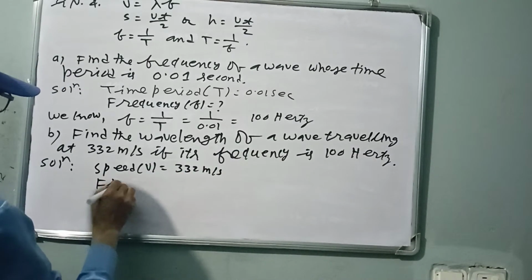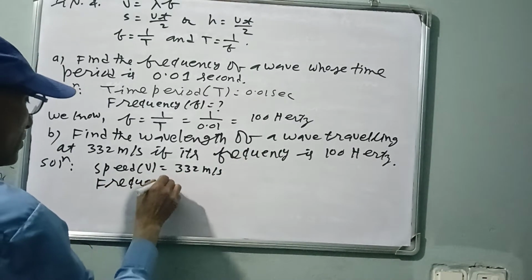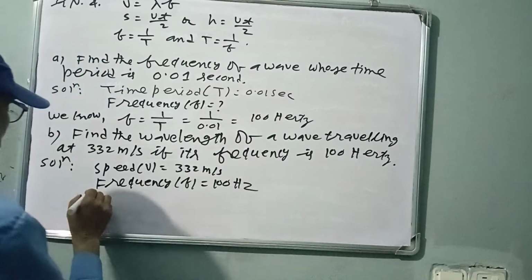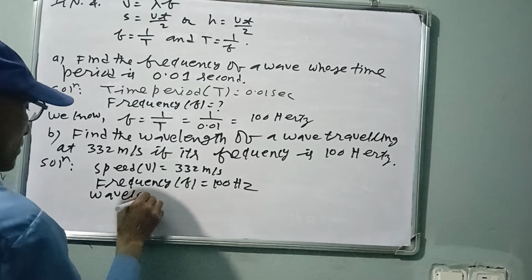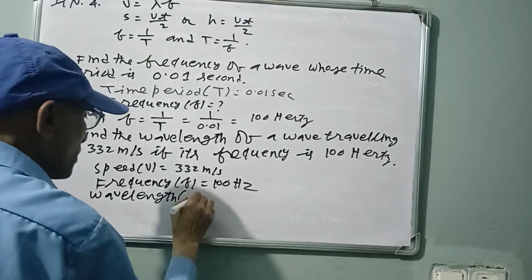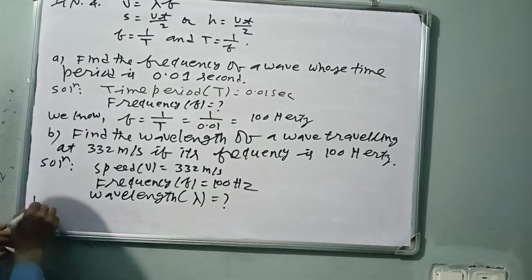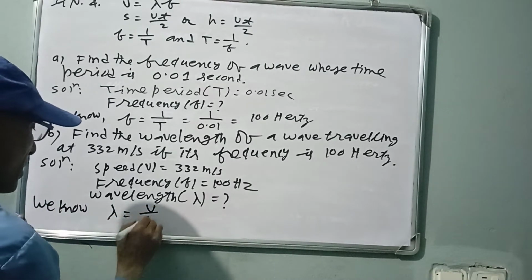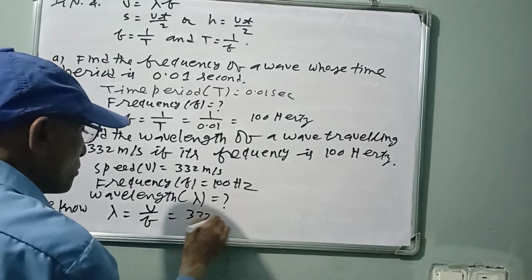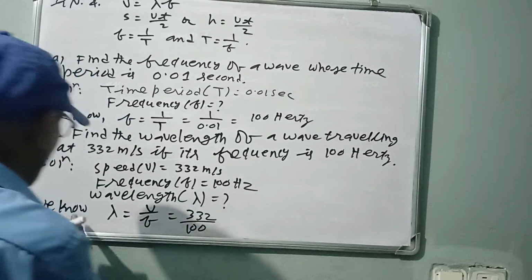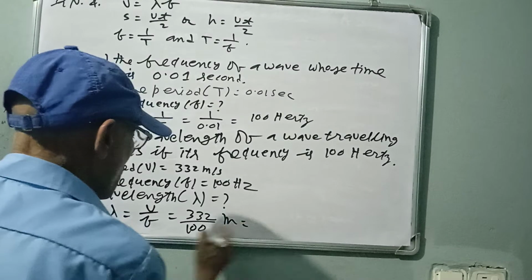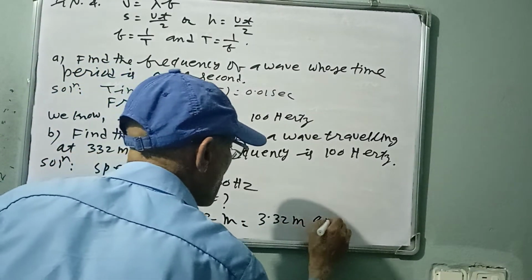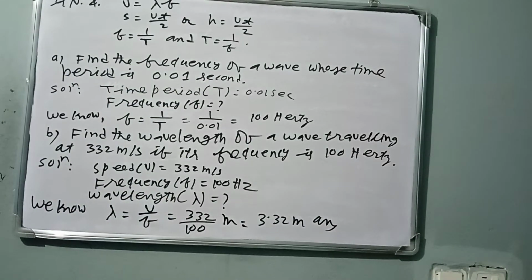Frequency F is 100 Hz. What is wavelength? Lambda equals v by f. 332 by 100, 3.32 meter is the wavelength of the wave.